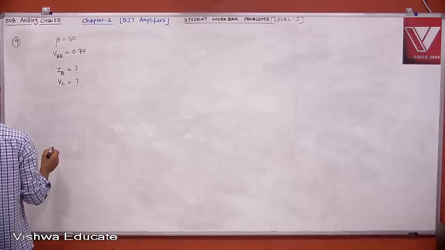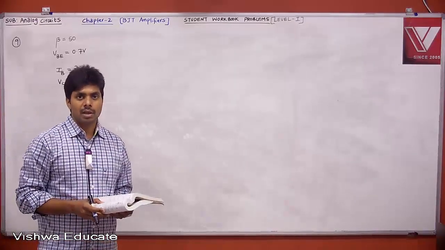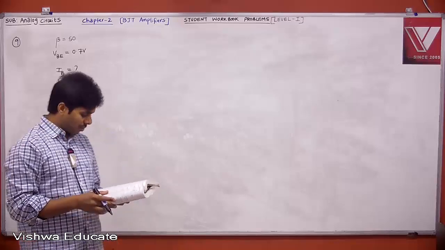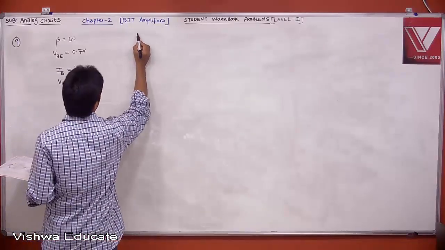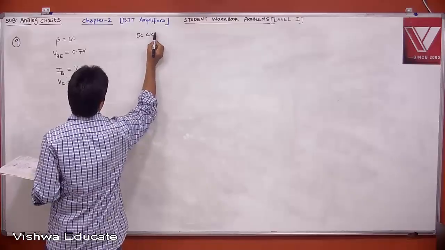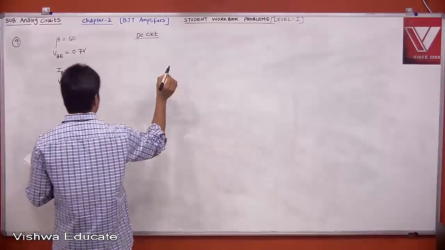Tell me, is it a DC analysis or AC analysis problem? This is a DC analysis problem. If it is DC, you take only the DC circuit. Therefore, what is the DC circuit? I am taking directly from the circuit. Wherever the capacitor is there, you take it out.